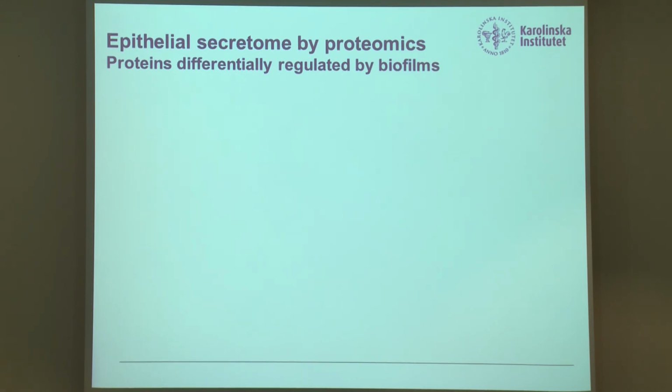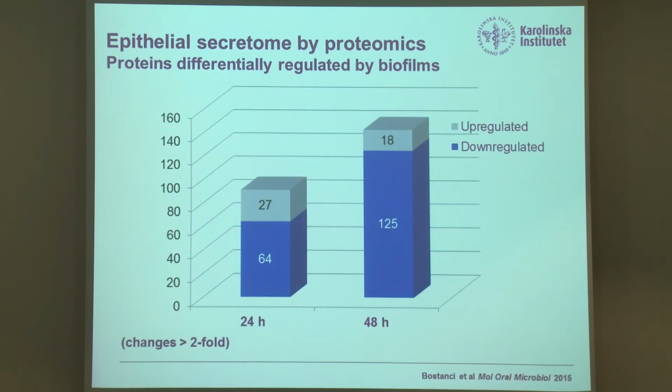We took this interaction model one step further, and we decided to find out what type of proteins are secreted by the epithelial cells when they are challenged, when they're infected by the biofilm. So we characterized the so-called epithelial secretome of the cells, and we considered the proteins that were more than twofold regulated.